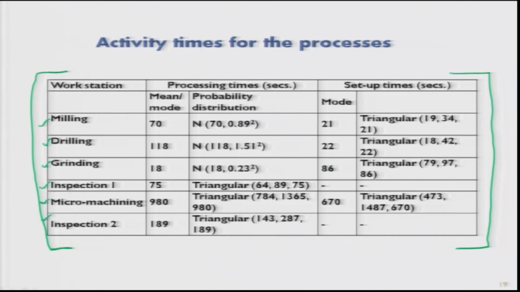Inspection is also included here. In case of milling, drilling and grinding processing times, normal distribution is selected, because the processes are found to be automated and only 5% variation is put in here.